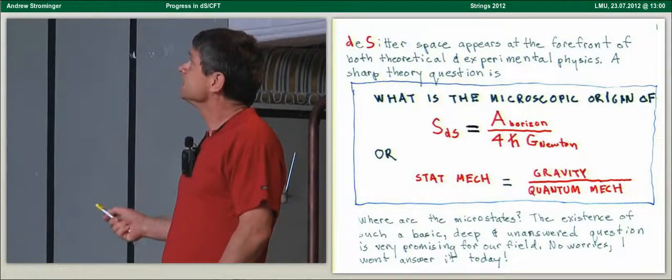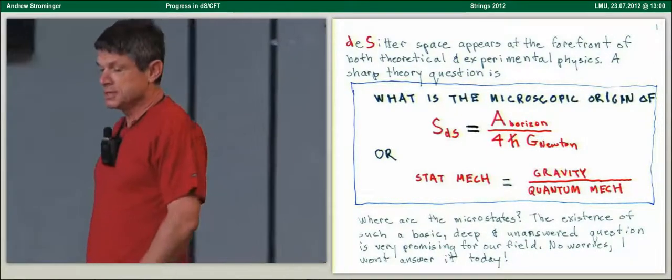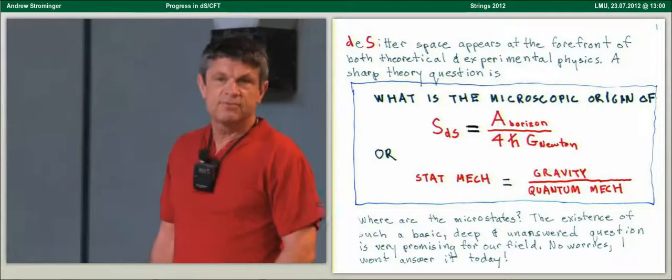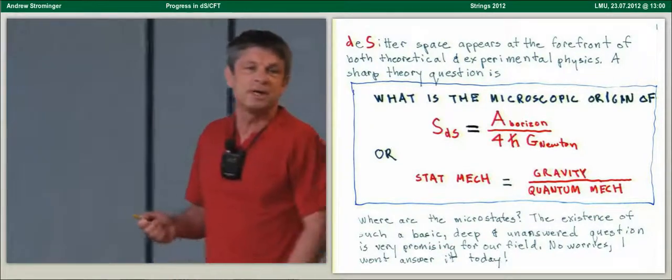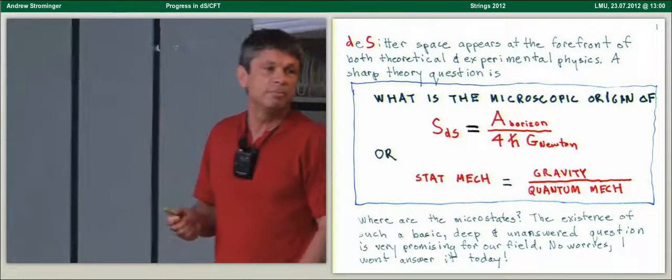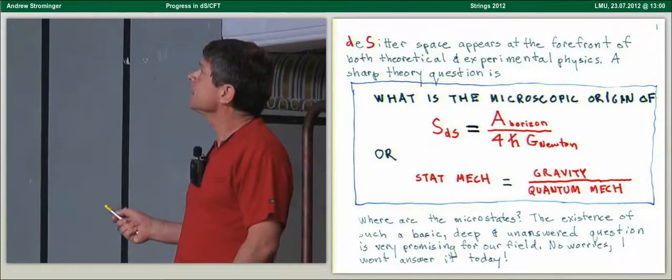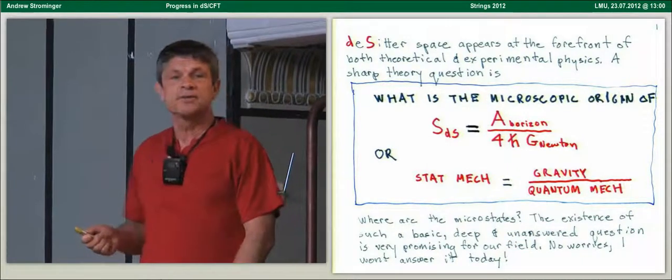And so that really gives us a lot of very interesting things to try to do and to think about. Now, of course, it's really the same formula, and should ultimately be derived in the same way, as the formula for the entropy of a black hole. And we've made a lot of progress.